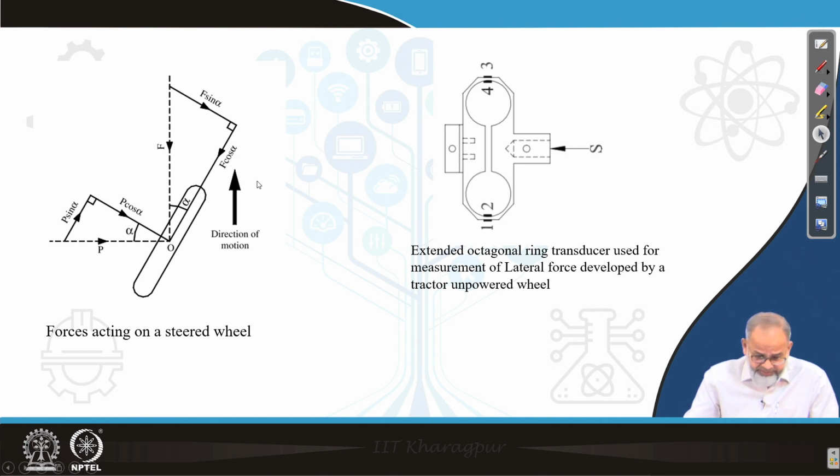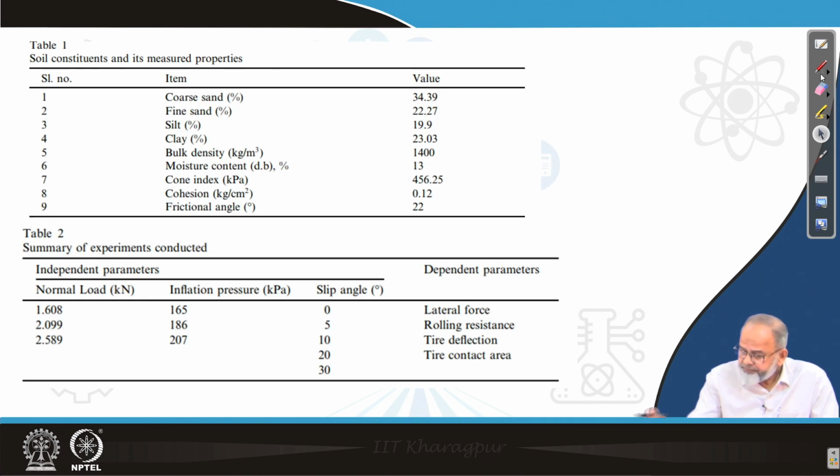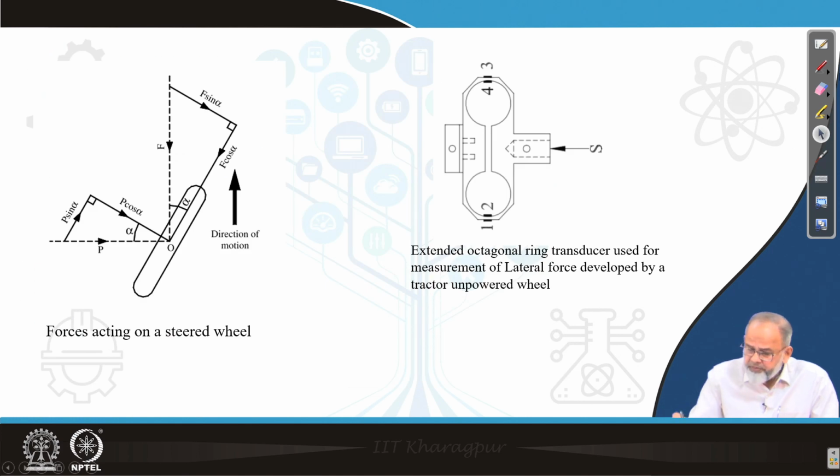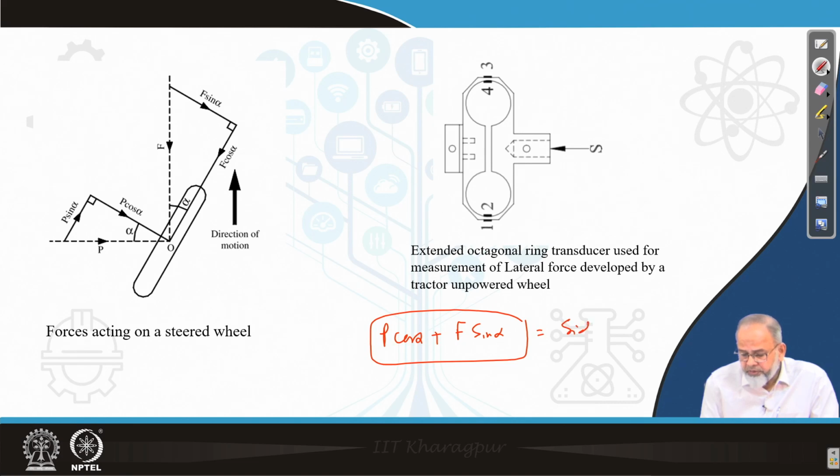So we are interested in the side force, P cos alpha plus F sin alpha. That will be the total side force acting on the wheel, and it is measured by the extended octagonal ring transducer, where the Wheatstone bridge principle is used to measure the forces.